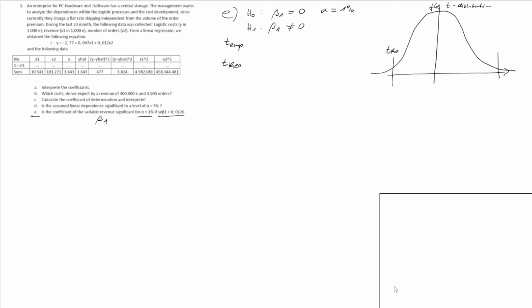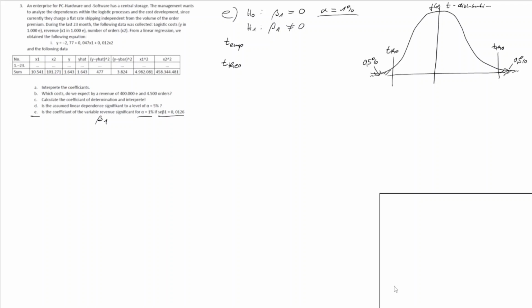And since this distribution is symmetrical, the theoretical and the probability mass within these two tails then have to be 0.5%, since we want to have a significance level of 1%.